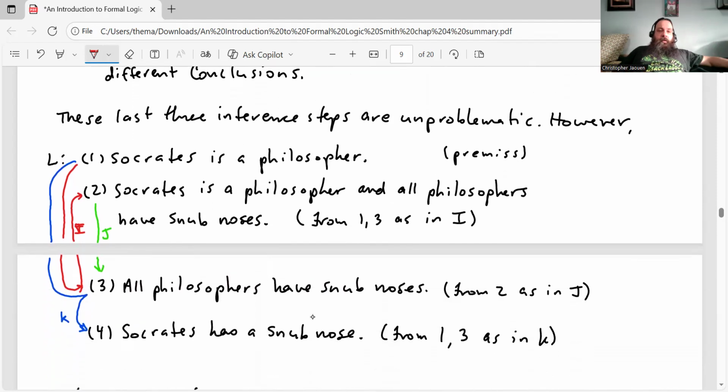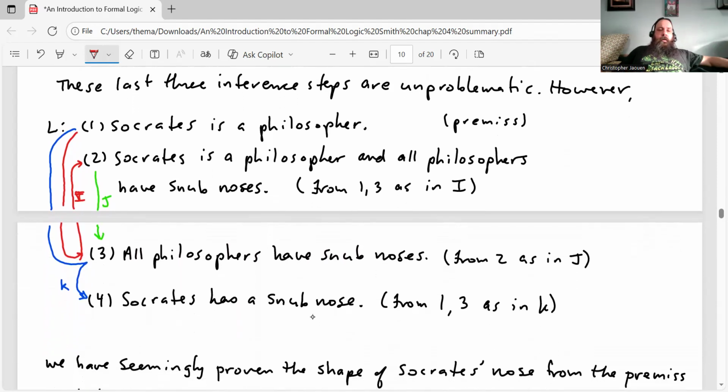However, if we look at this argument L, which I'll read out here, premise one, Socrates is a philosopher. And then proposition two, which we're inferring from one and three by inference pattern I, Socrates is a philosopher and all philosophers have snub noses.